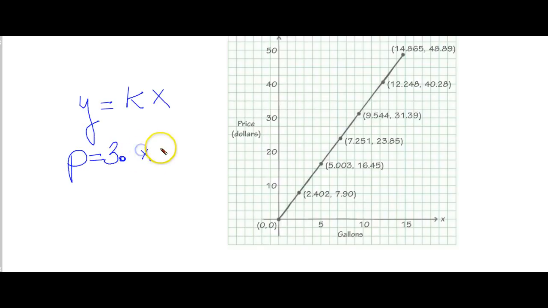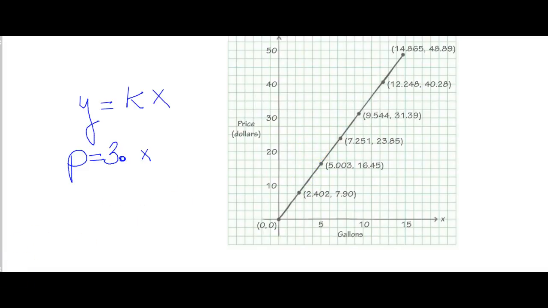I forget now. And x was the number of gallons. That's direct variation, and graphing is an illustrative method of showing your data, which is what graphs do.